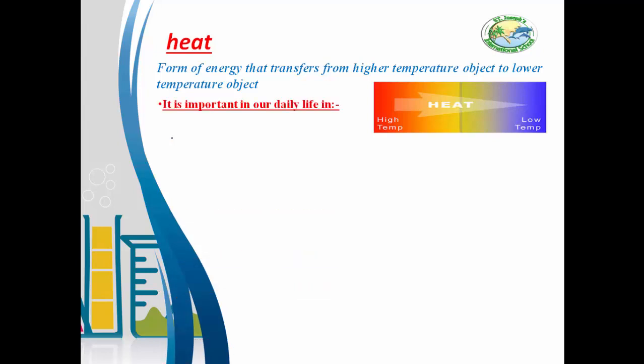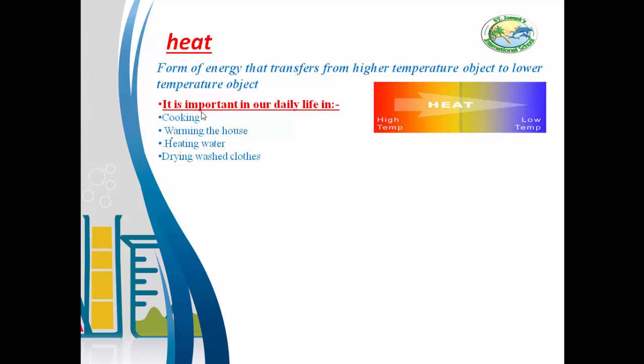Then we will talk about the importance of heat in our daily life. Heat is very important because we use it in cooking and also in warming the house, heating the water, drying the washed clothes, and many uses in industry, in which some types of food need heat, and also in the manufacturing of paper and glass.